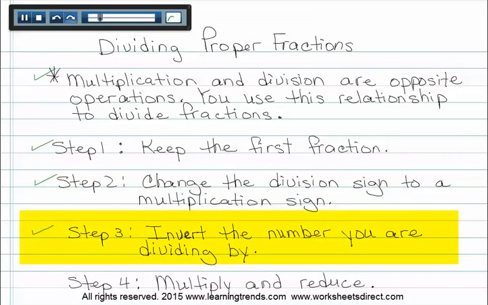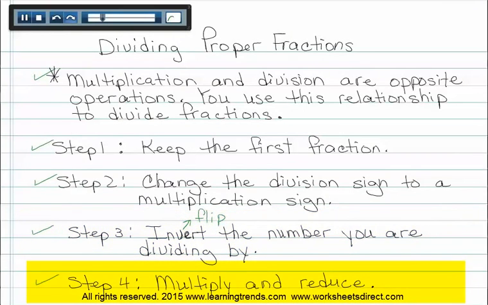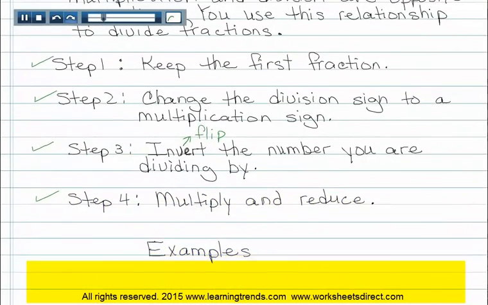Step 3, you want to invert the number you are dividing by, or another way of thinking about it would be to flip that second fraction. And then step 4, you want to multiply and you want to reduce it. And certainly, if you can cancel ahead of time before you multiply, you can do that as well.